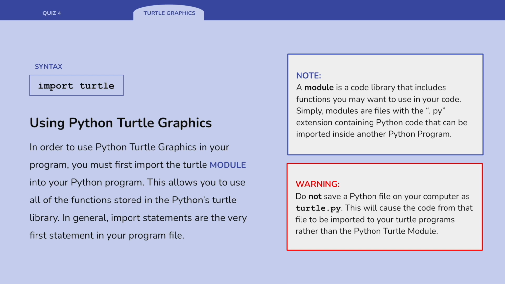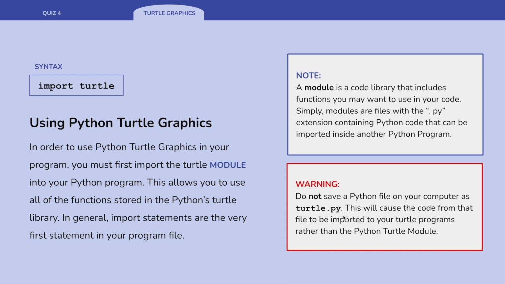Another thing you'll want to note is because what an import statement does is imports another code library into your program, you have to make sure that you don't have any other files on your computer that could be mistaken for that module. So in the instance of the turtle module, you don't want to save a file on your computer that's called turtle.py, exactly like this.